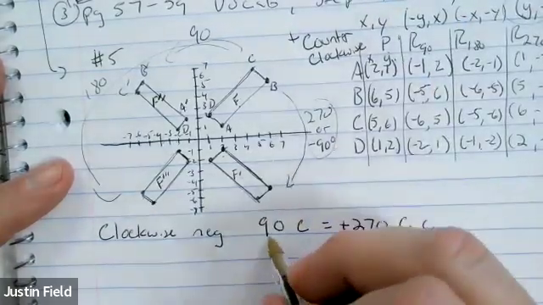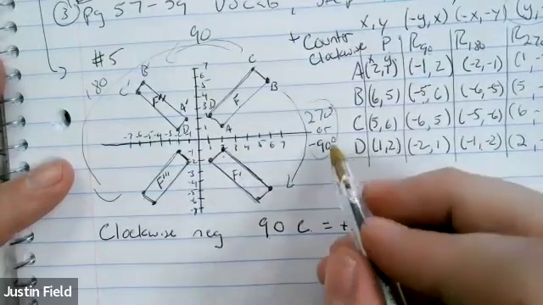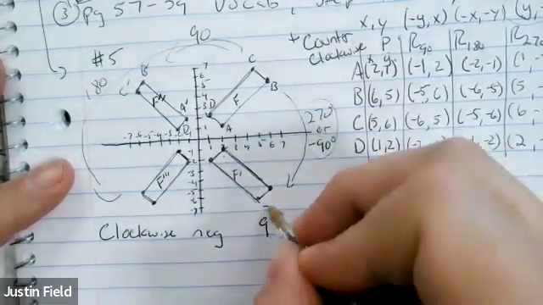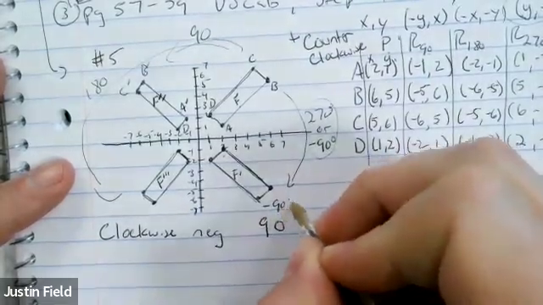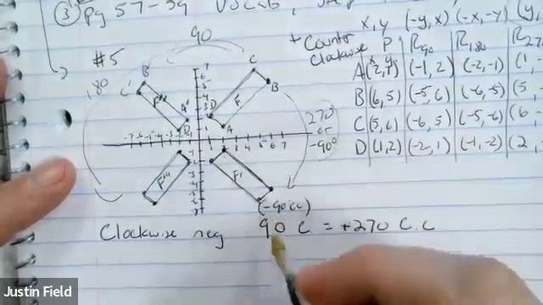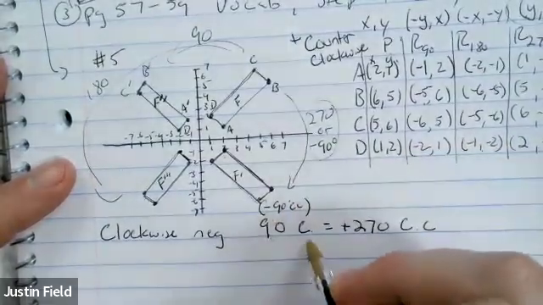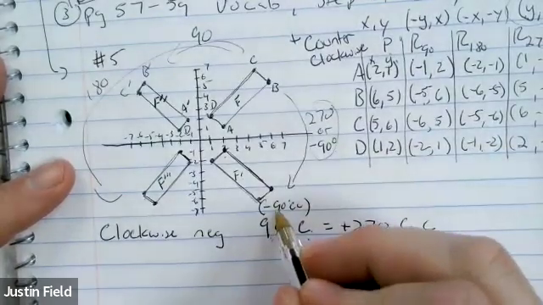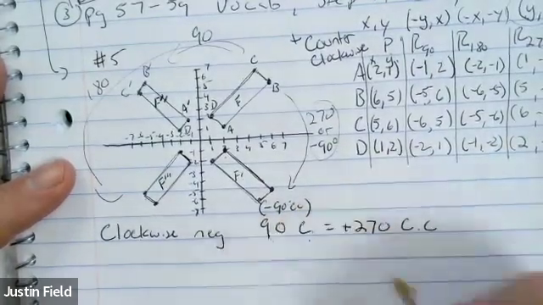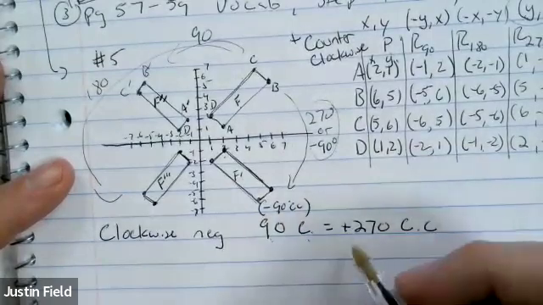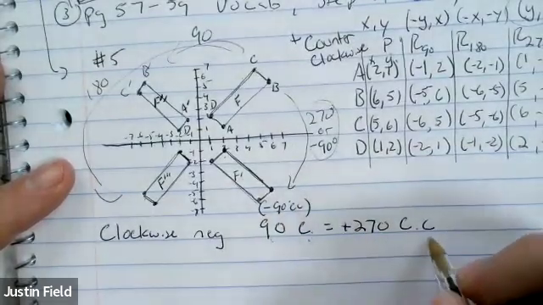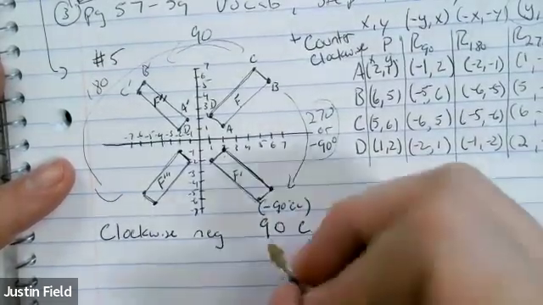And so 90 degrees clockwise is the same as negative 90 degrees counterclockwise. It's a little confusing, I think. But that's equal to 270 degrees counterclockwise.